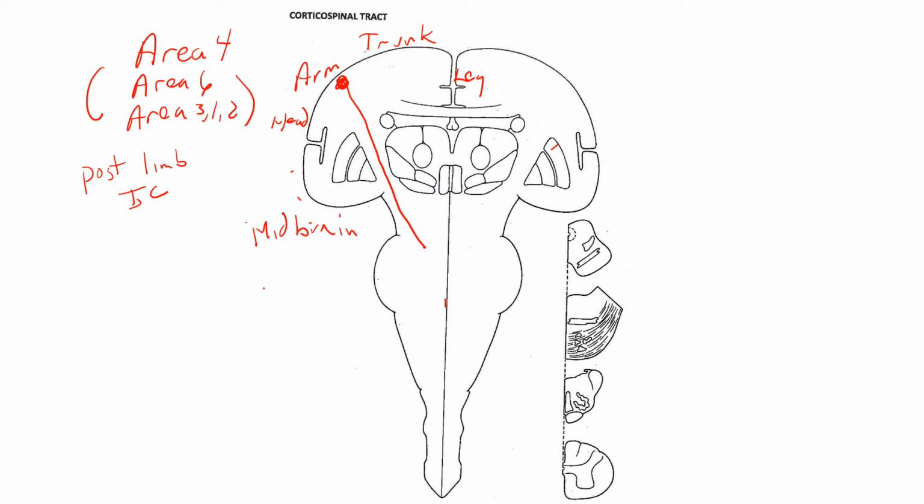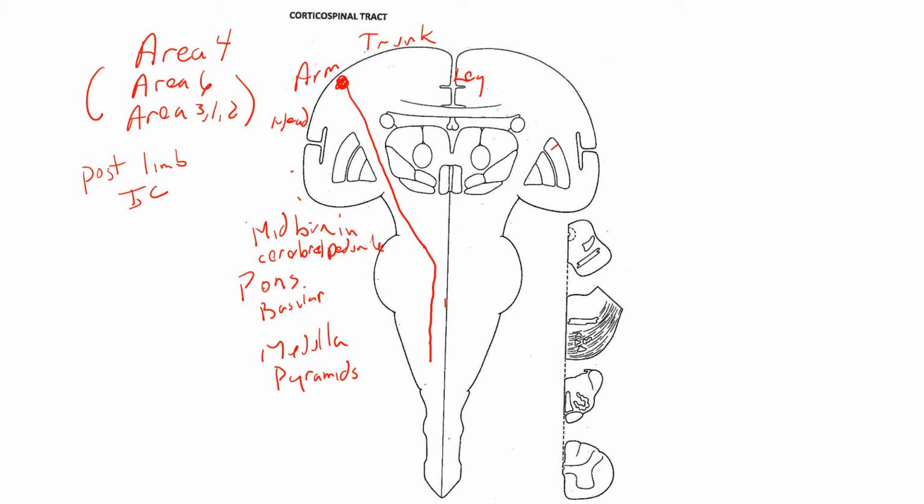Specifically, we're going to come down through the cerebral peduncles. We're going to come down through the pons, specifically the basilar pons. And finally, we're going to come down through the medulla. And we're going to go through the pyramids. So this is going to come down like this.